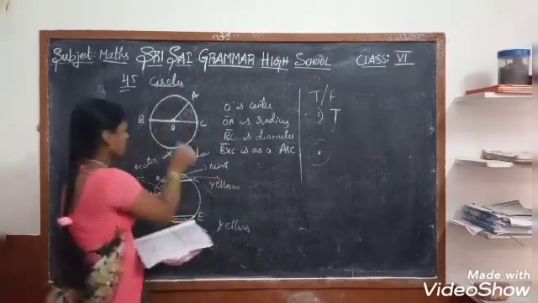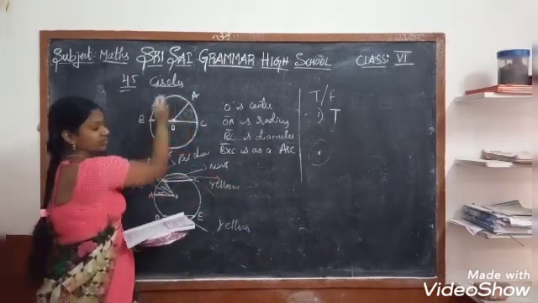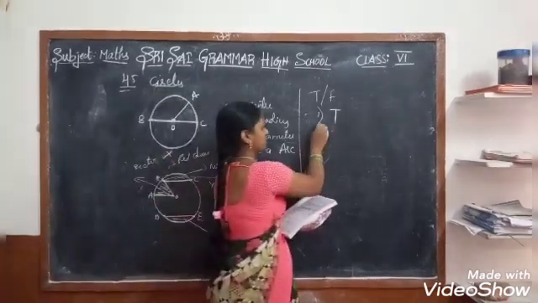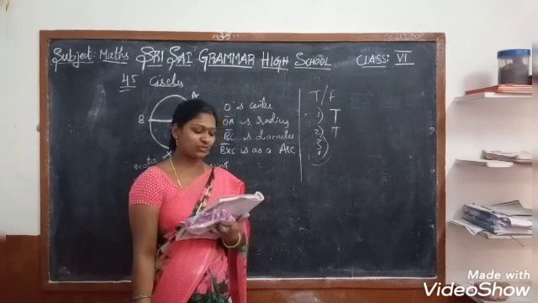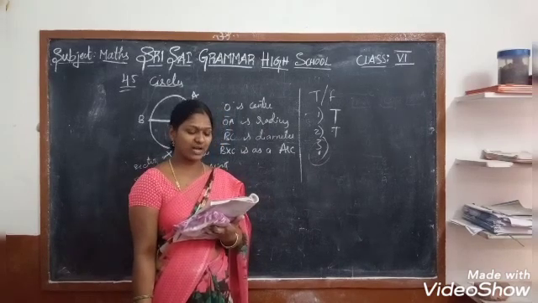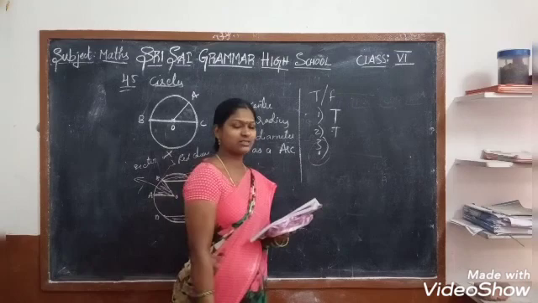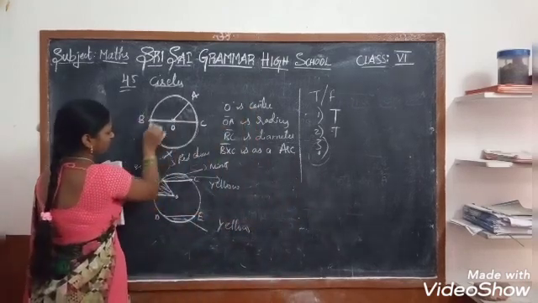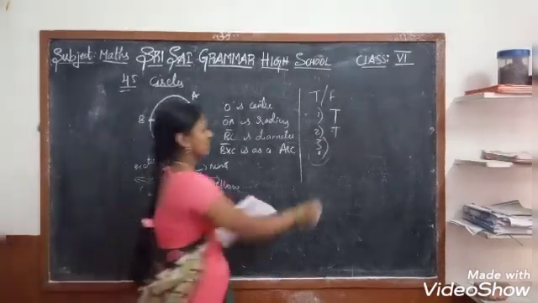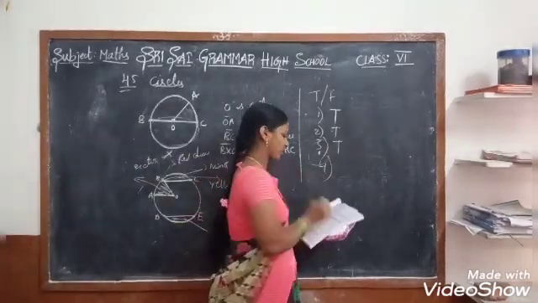Yes, that is also true. An arc is a part of a circle. This is an arc, no? It is a part of the circle only. Yes, it is also true.